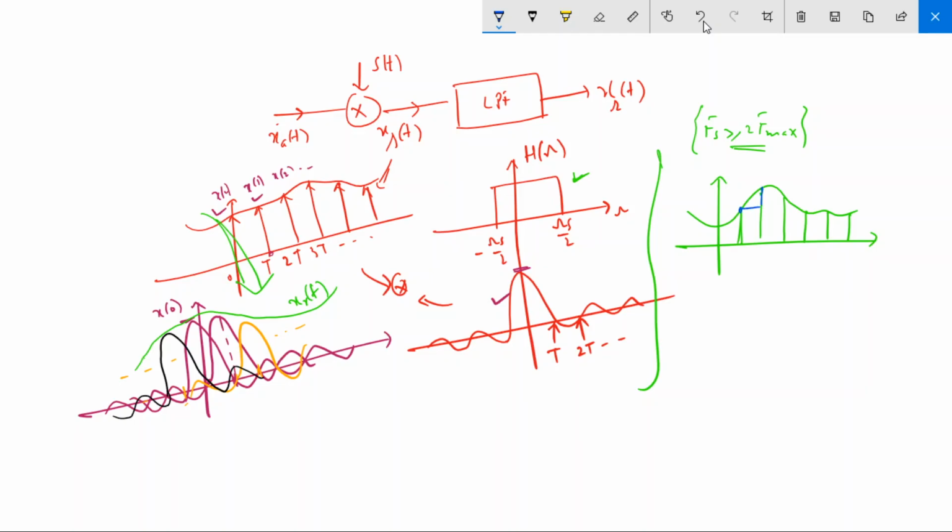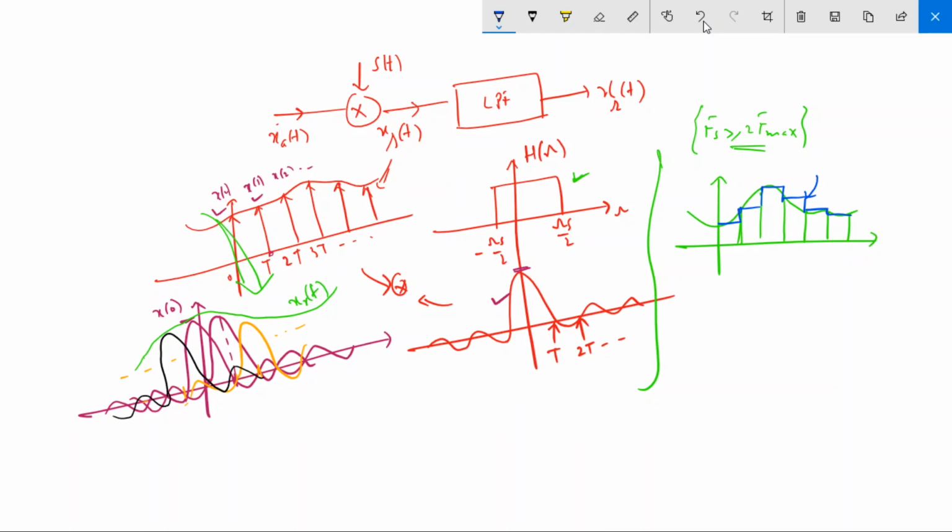Okay, then it will stay here at this point. At this point it will sample it, then it will remain at this level till you get the next sample, then at this level till you get the next sample. So you start from zero, and you get a reconstructed signal like this, but this is not exactly what you want.